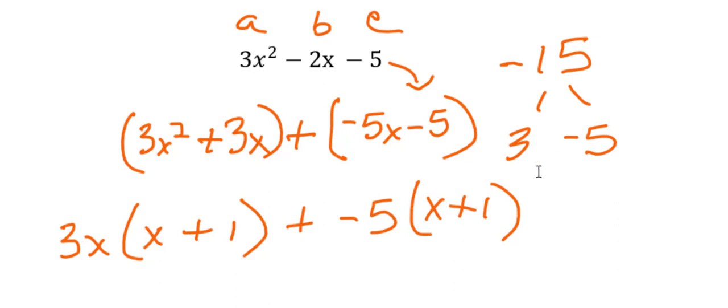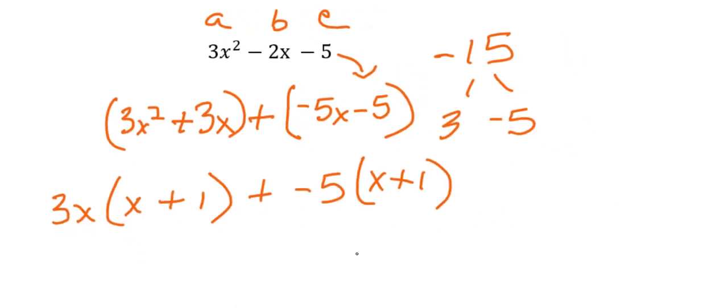At this point, what I want you to notice is that I have here x plus 1 and x plus 1 on my other one. So I'm on the right track. I'm pretty much done. Now I've got to set up my two binomials that I'm going to set equal to 0 to finally solve.